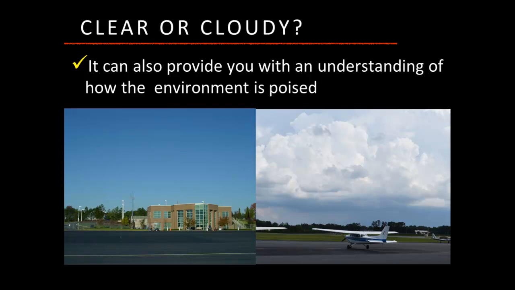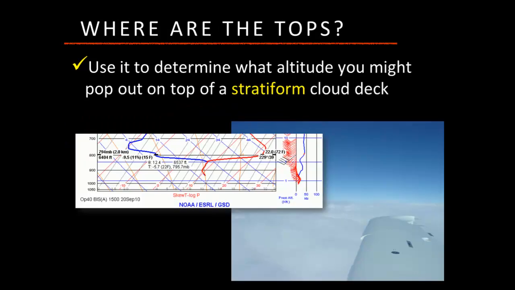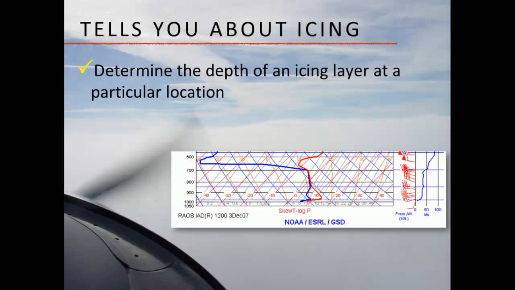So the other aspect of it, it can really provide you an understanding of how the environment is poised. Are you going to have a clear day like you see here on the left, or more of a cloudy, more of a convective day as you see on the right? It also will help you determine where maybe the bases and the tops of a stratiform cloud deck are located. And it also tells you a lot about icing.